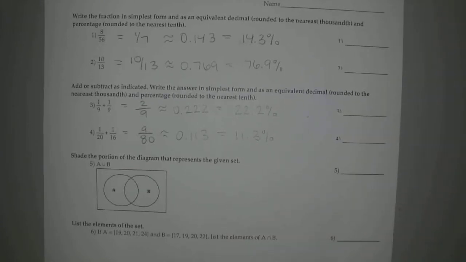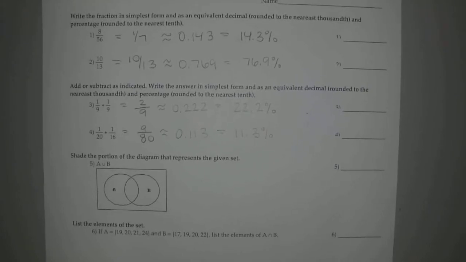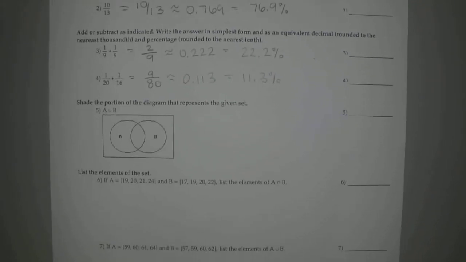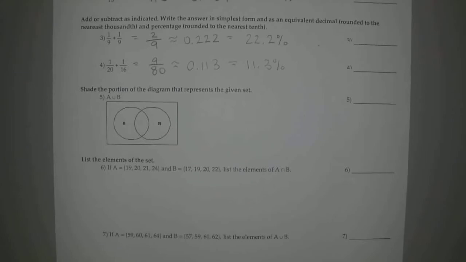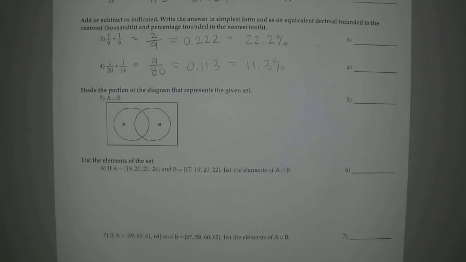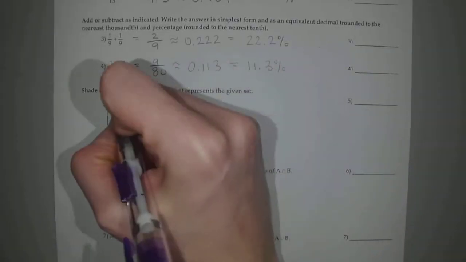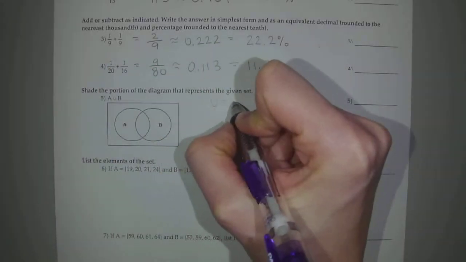All right, so the next part is the Venn diagram part, all right? So the Venn diagram part is a way to show two sets of things, A and B, and what they share and what they don't share, okay? So what we want to make a note of on our notes right here is this symbol here is union.